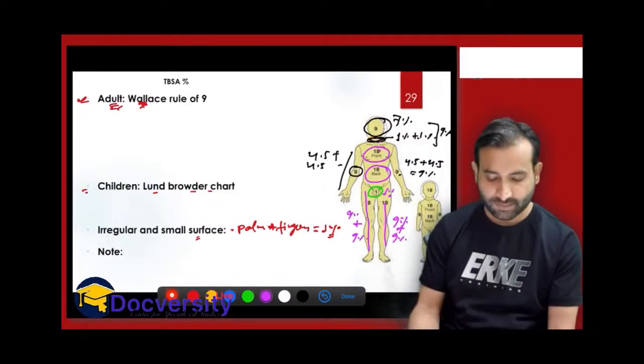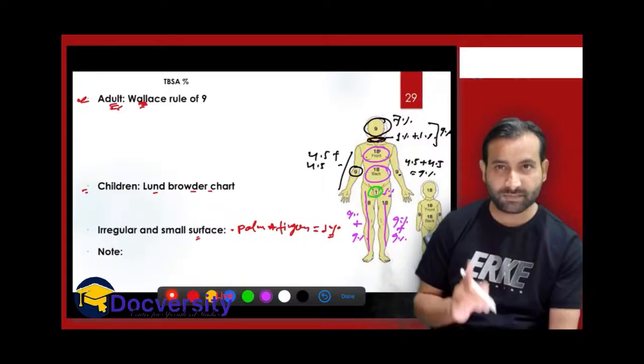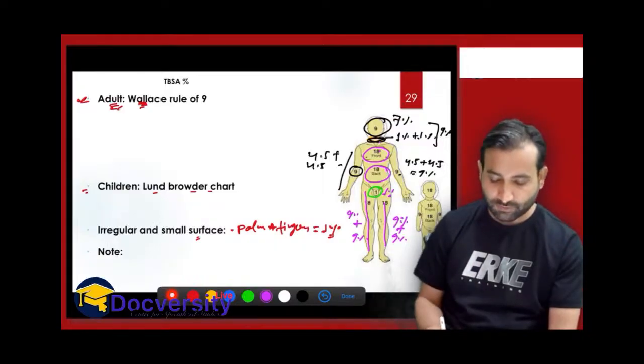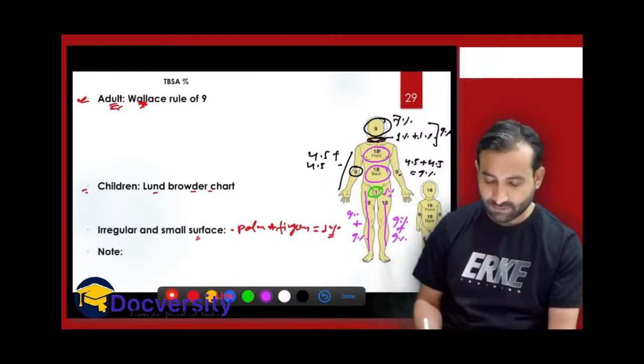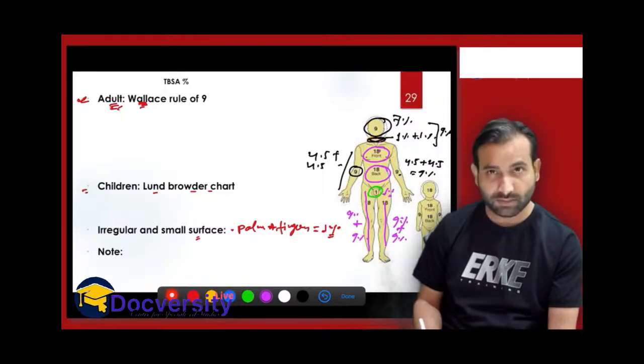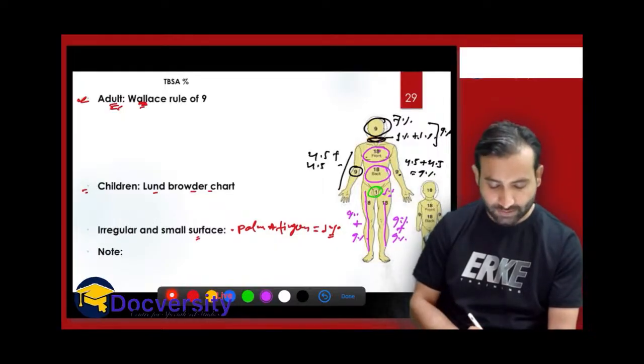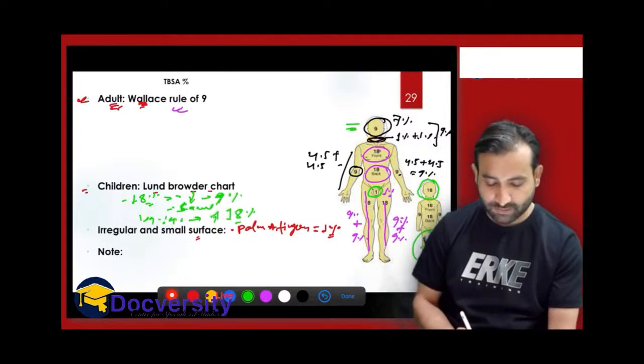Rest of all the body parts remain the same, except the leg. Leg is 14%. We had 18% front and back total, but they have 14% front and back. It will keep increasing until it becomes 18%.